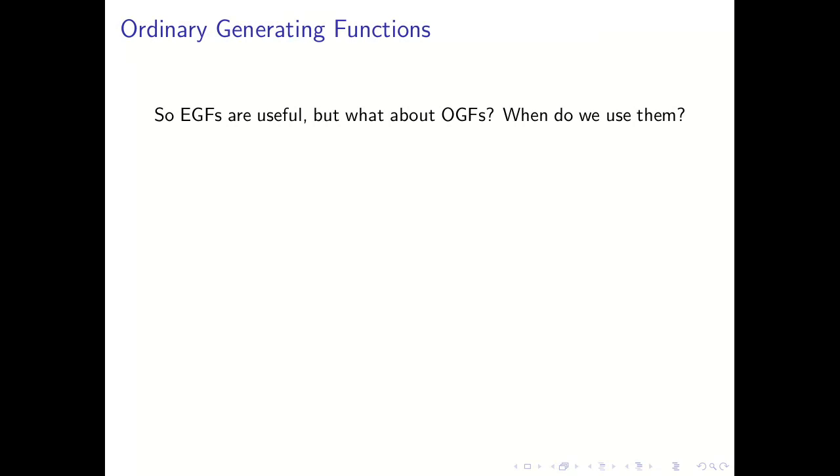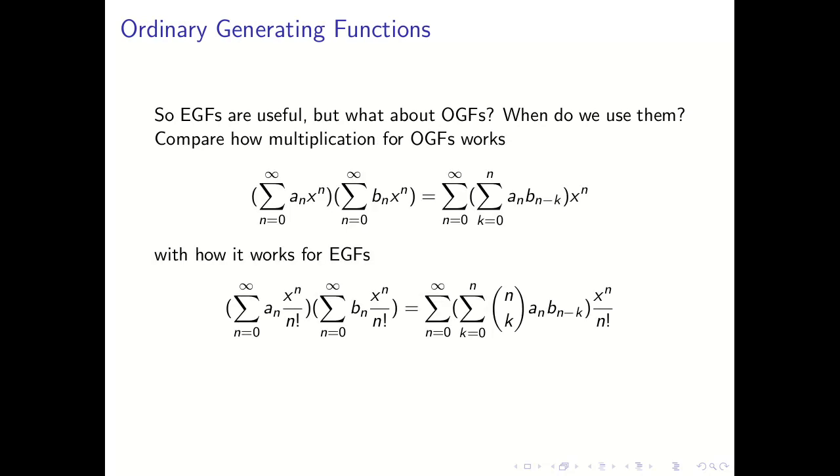Most of what I said works pretty similarly for ordinary generating functions, but I do need to talk a little bit about multiplication. So we're going to compare how multiplication works for the ordinary generating functions, that's this first equation, with how it works for exponential generating functions. This is this bottom equation here. And you can see that they kind of look the same, except that the exponential generating function has this n choose k term.